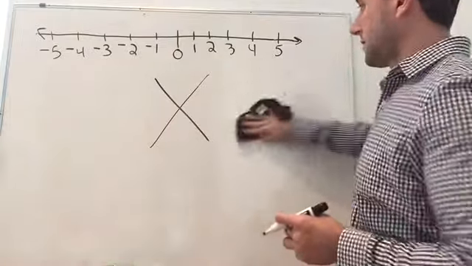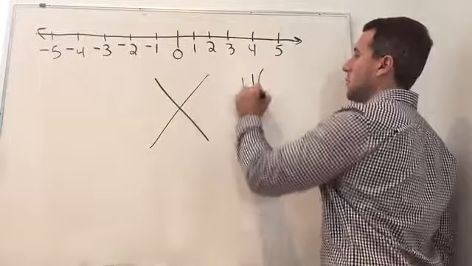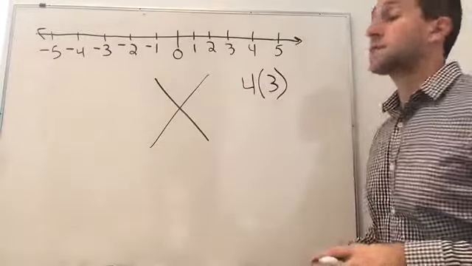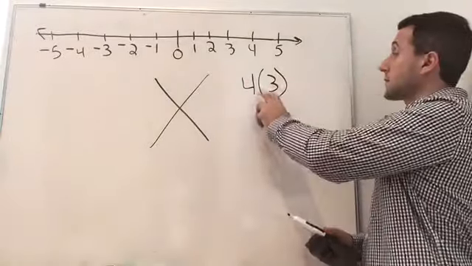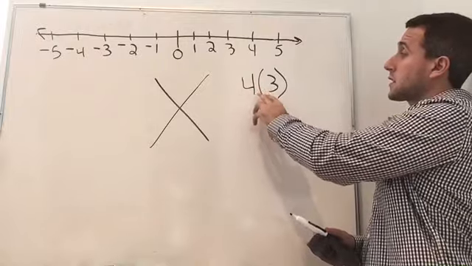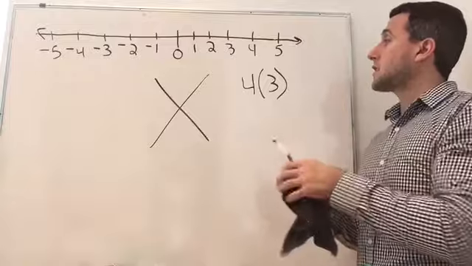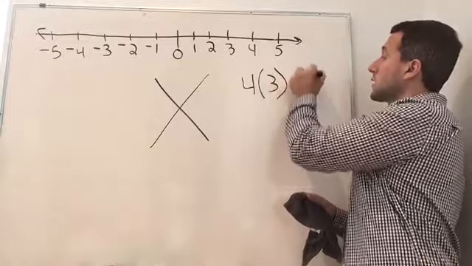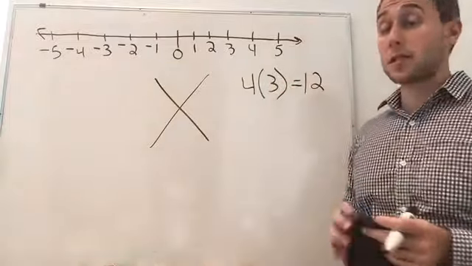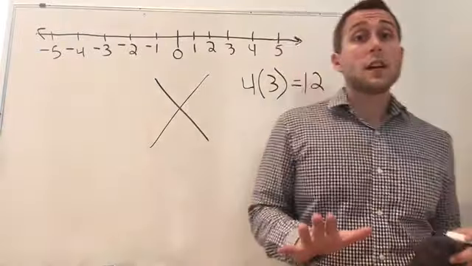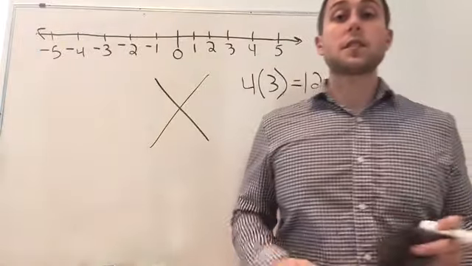And from here on out, we're pretty much going to use parentheses. So when you see a number outside of parentheses, without any addition or subtraction in between the number and the parentheses, this is going to mean multiply. So this means 12. This means 4 times 3. That's what I want you to keep in mind as we go throughout this course.